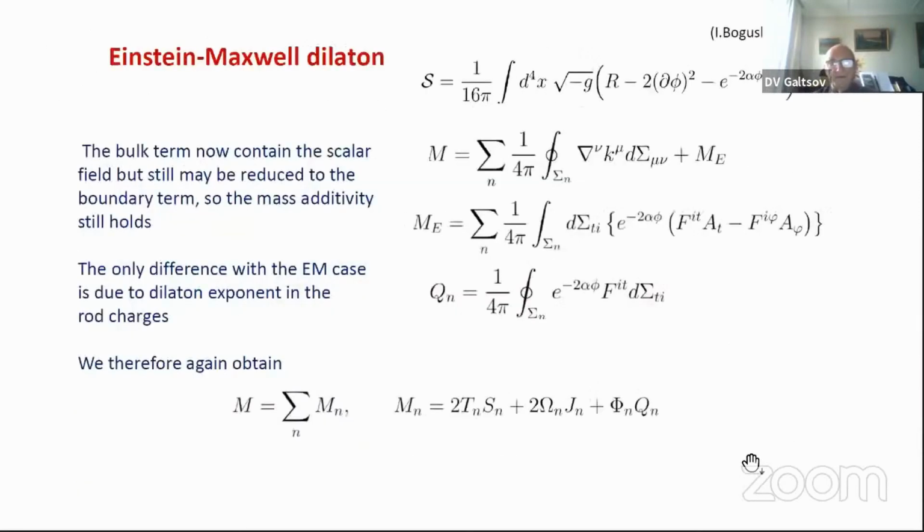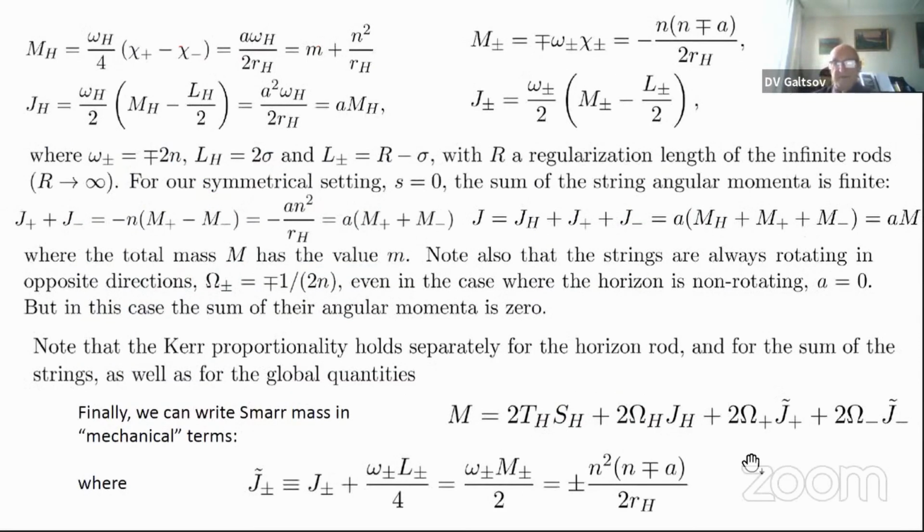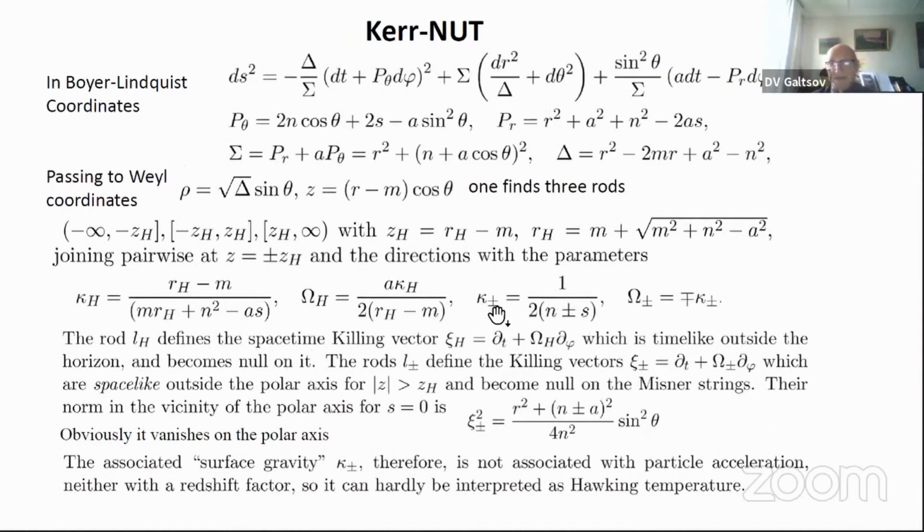And finally, you can establish that everything is okay with this solution up to the interpretation of those things. You can interpret them as surface gravity and the area as an entropy, but the surface gravity not as the temperature. So it will be somewhat unusual.